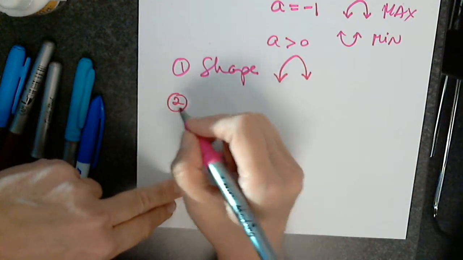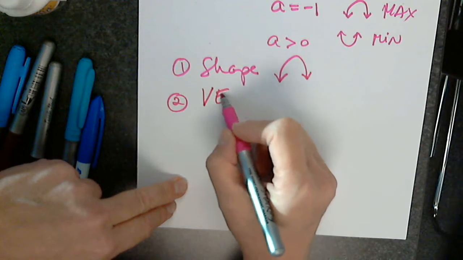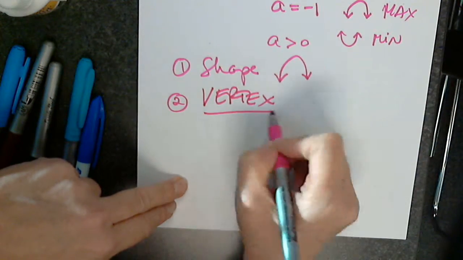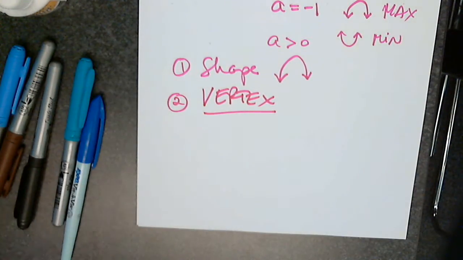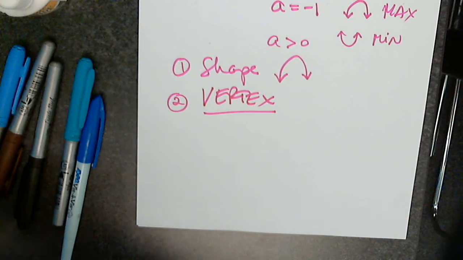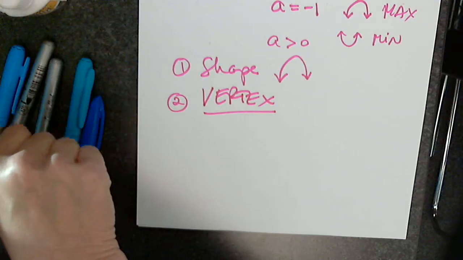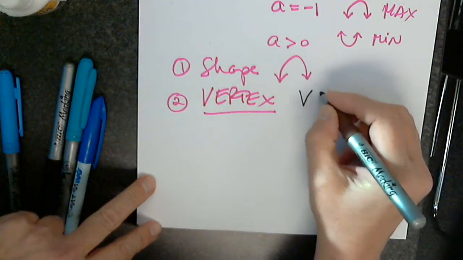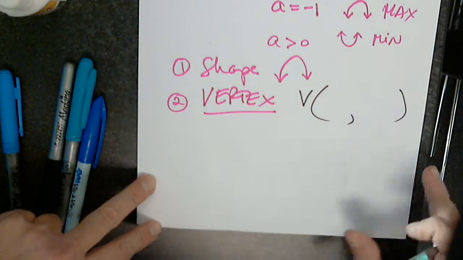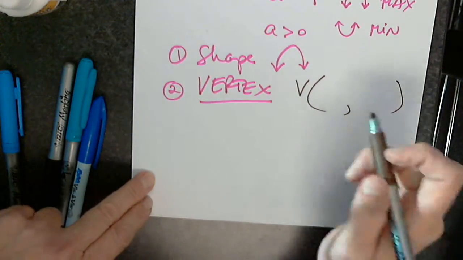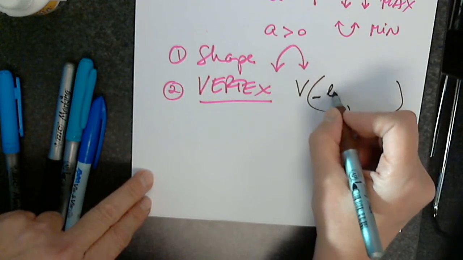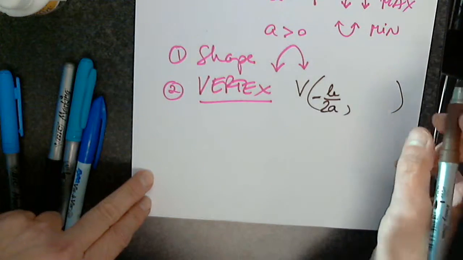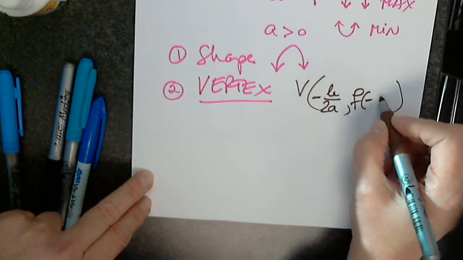In step number 2, I need to find the vertex. In the vertex form, this was much easier. I only had to read it, but this time I need to calculate it. How do I calculate it? And here's the formula. The coordinates of the vertex will be negative b over 2a, comma, f of that number.